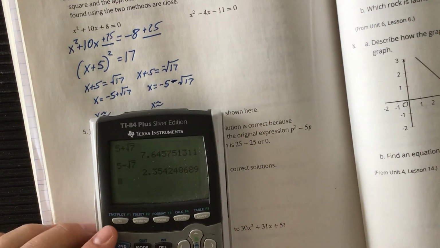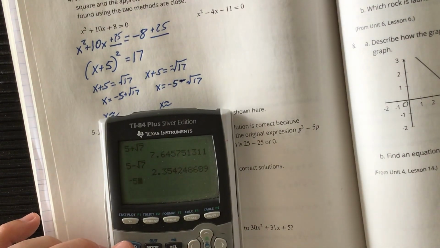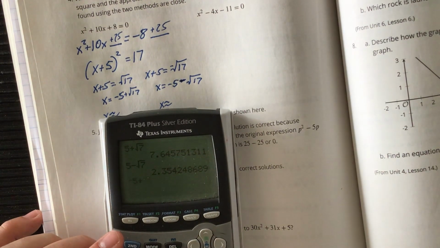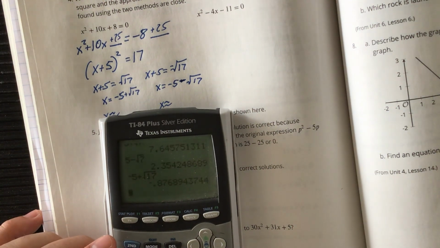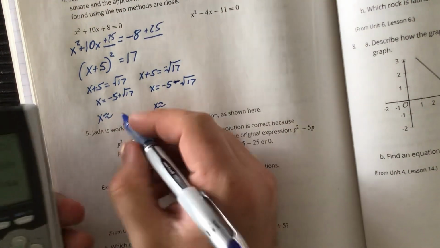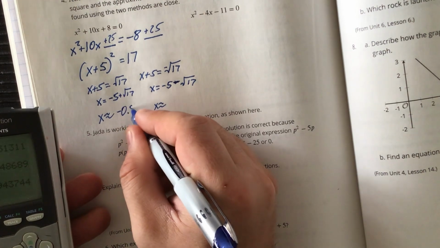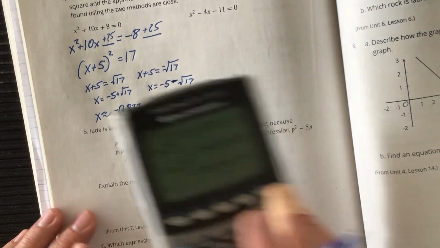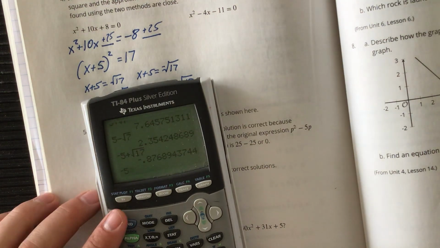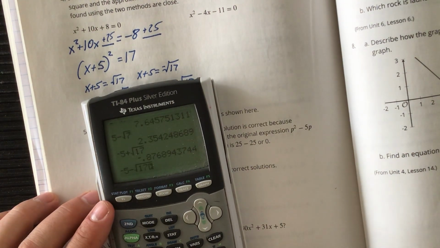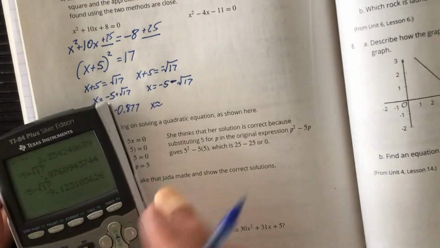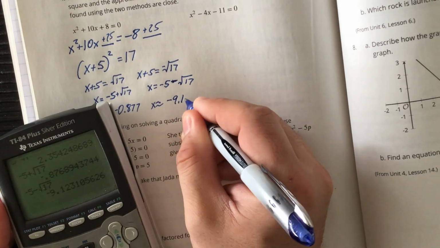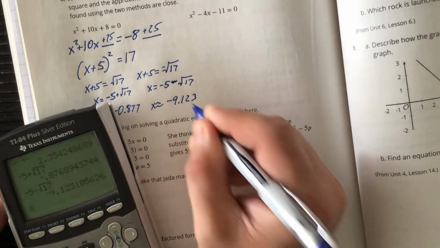Type that in and see if we get the same when you do it in decimals. Negative 5 plus square root of 17. We have to do exact. Negative 0.877. And negative 5 minus the square root of 17 should get about negative 9.123.